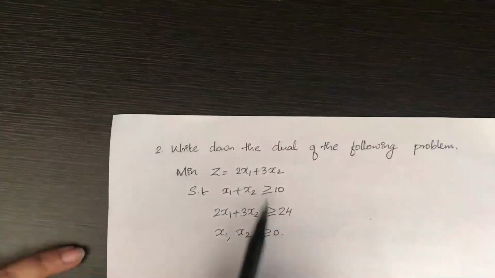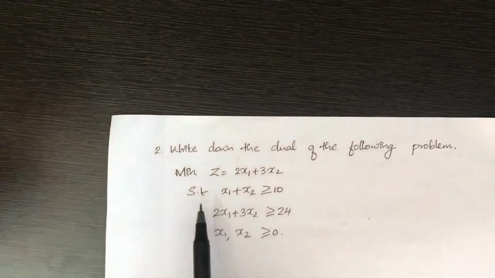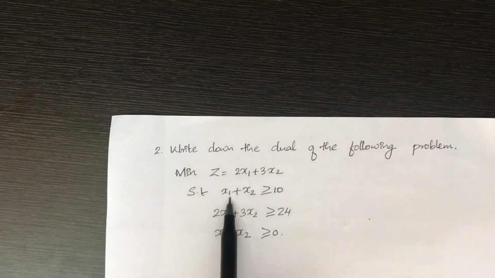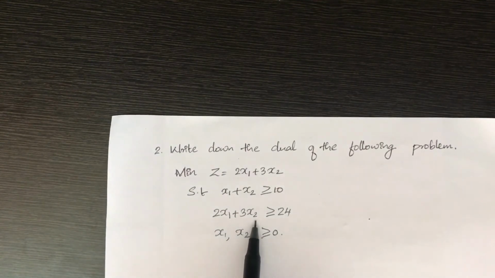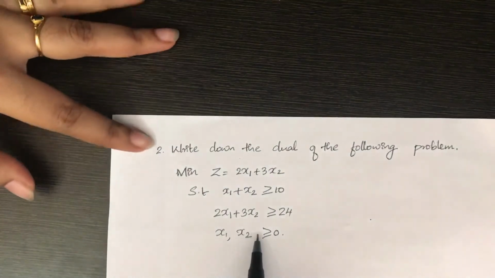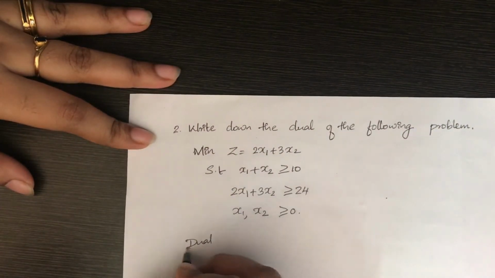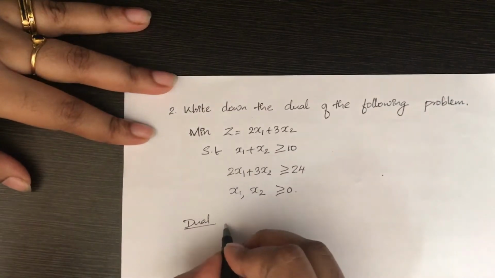Second question, write down the dual of the following problem. Minimize z equal to 2x1 plus 3x2 subject to x1 plus x2 greater than or equal to 10, 2x1 plus 3x2 greater than or equal to 24, x1, x2 greater than or equal to 0. So its dual should be of maximization.